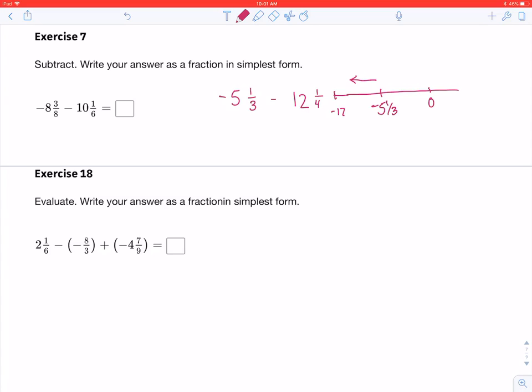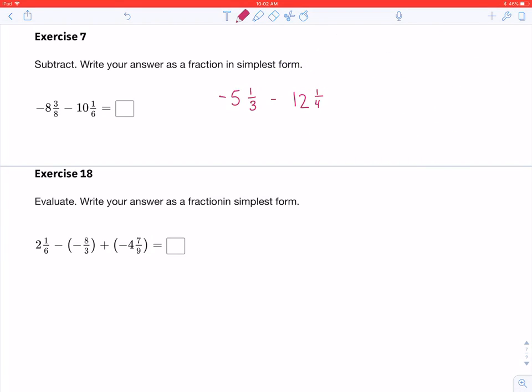If I were to get anything to the right of -5 and 1/3, like a -1 or a +1 or a +17, then I know that I did something wrong, because to start at -5 and 1/3 and to subtract 12 means I'm going to be going to the left. So my answer should be something less than -5 and 1/3, something to the left of -5 and 1/3.